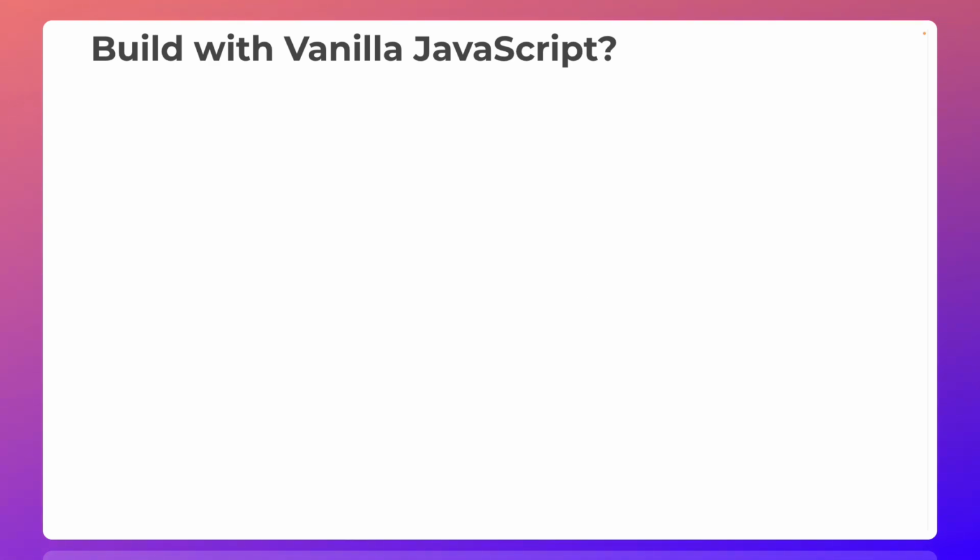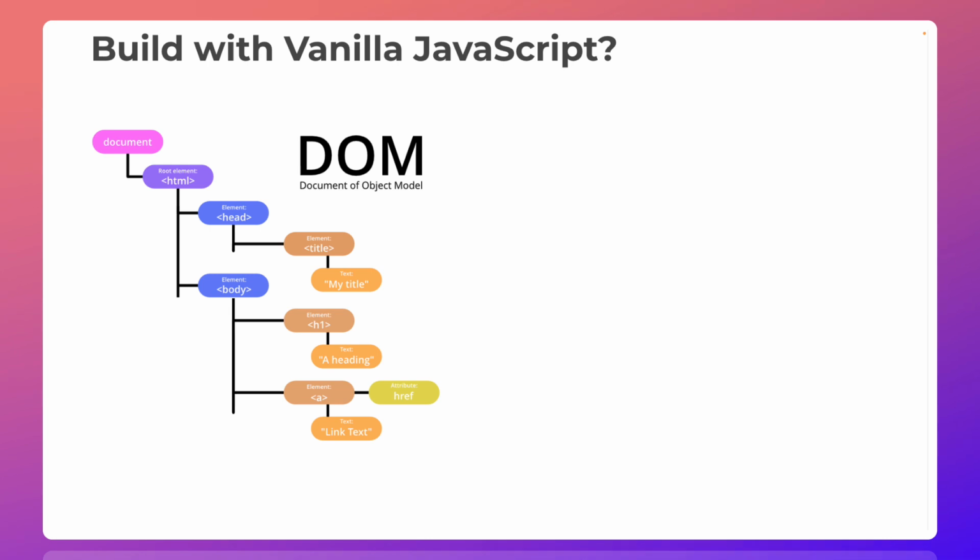As an overview, what does it mean when you say, okay, build with vanilla JavaScript? Well, first of all, we have to understand this concept of DOM, which is Document Object Model. Essentially, a DOM is an object that allows us to access each element in our web page.